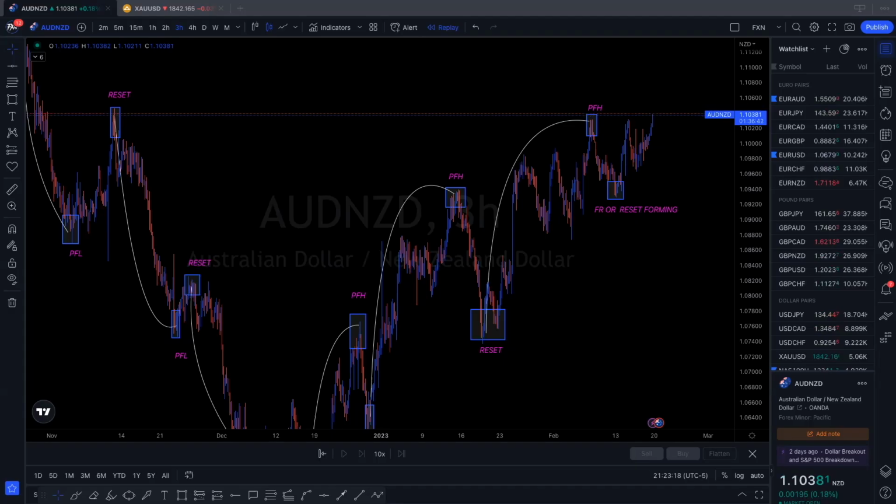Compare it to, let's say, pound NZD, which has a much higher pip value. If you trade pound NZD, you're going to be making more money per pip on that pair. Generally speaking, the pairs that end in NZD or AUD have a higher pip value than most of the other pairs, besides obviously gold. That's all it is.